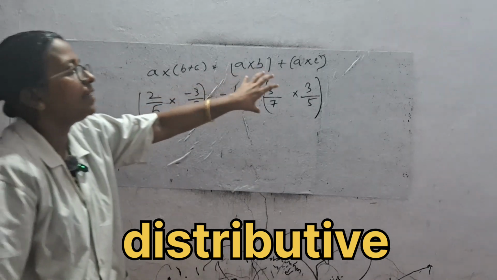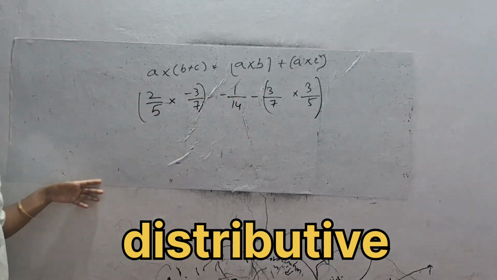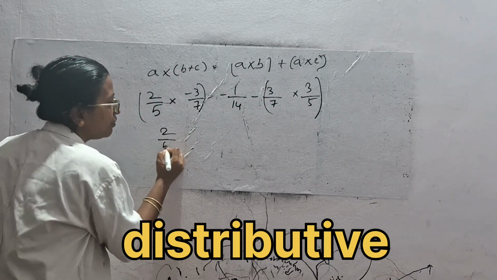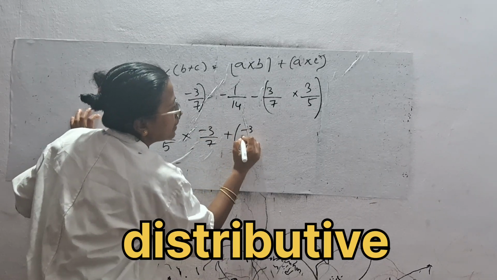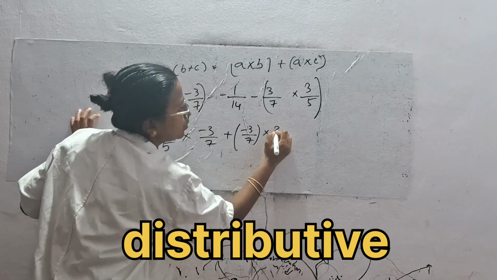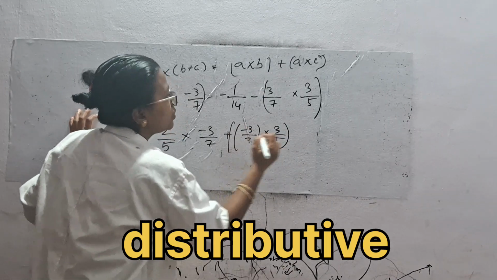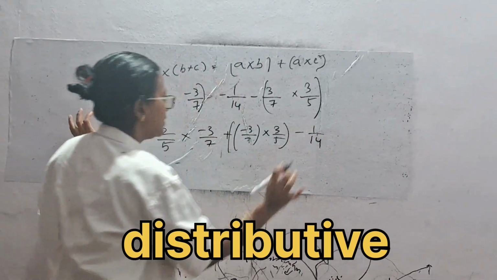Here 3 by 7. Here is also 3 by 7. So now we can join this: 2 by 5 into minus 3 by 7 plus minus 3 by 7 into 3 by 5, and minus 1 by 14, leave it.